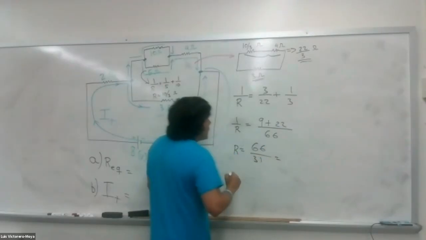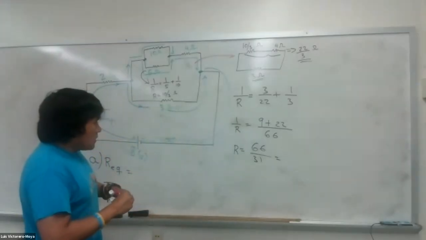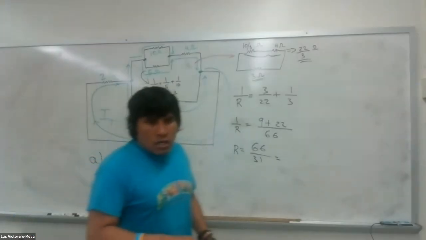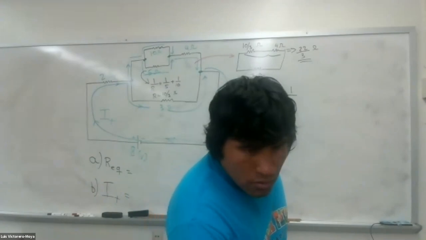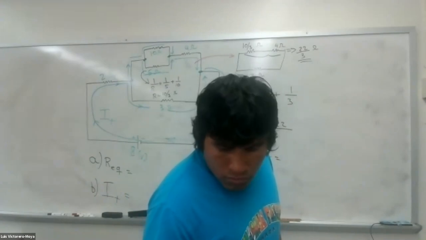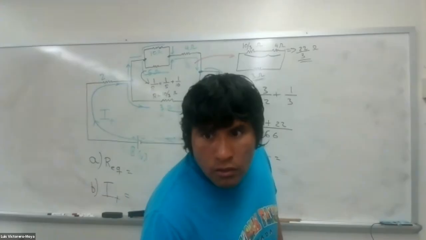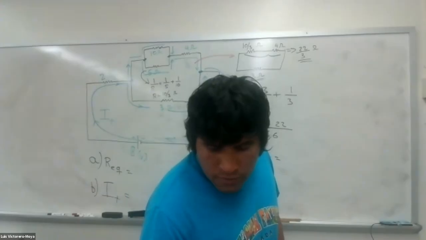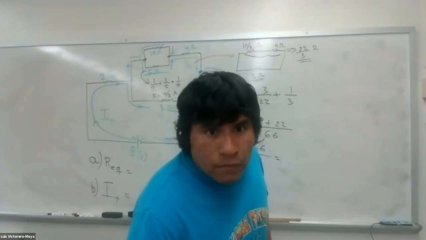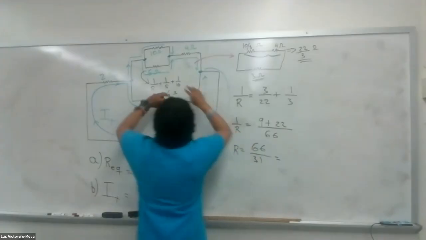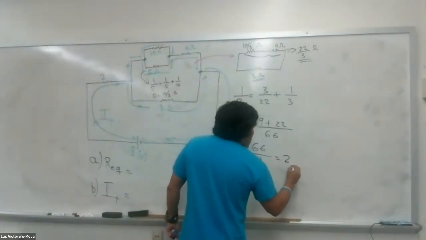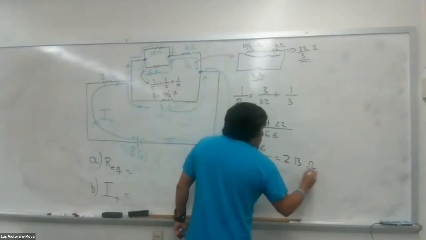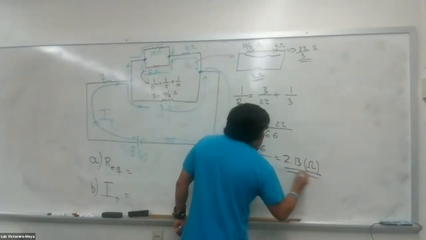At this point, you can estimate that. So let's do decimals now. So the resistance of all this is 2.13 ohms.